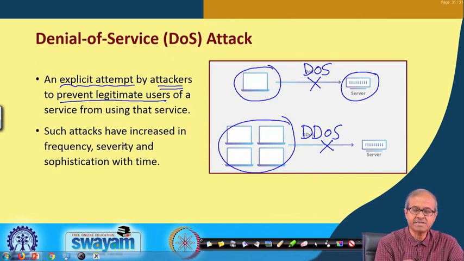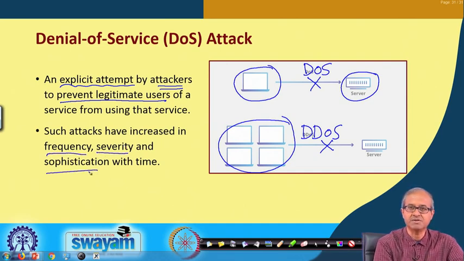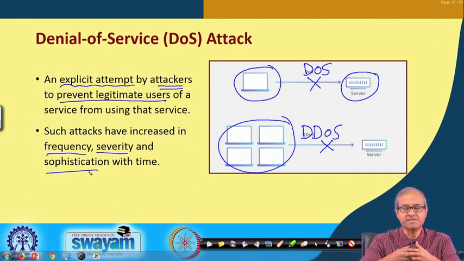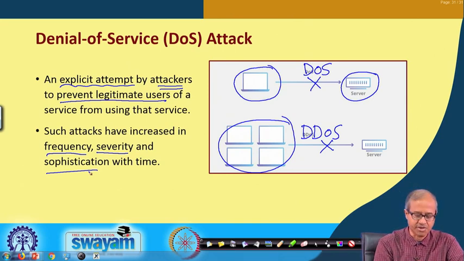And this kind of attacks have been reported over time, they are pretty frequent, and they have increased in frequency, severity and sophistication both, because the persons who are attacking now have a set of tools at their disposal which are extremely sophisticated. So, as a method of defense, if you are the owner of that kind of service, you have to protect yourself adequately, so that this kind of attacks cannot be easily mounted.